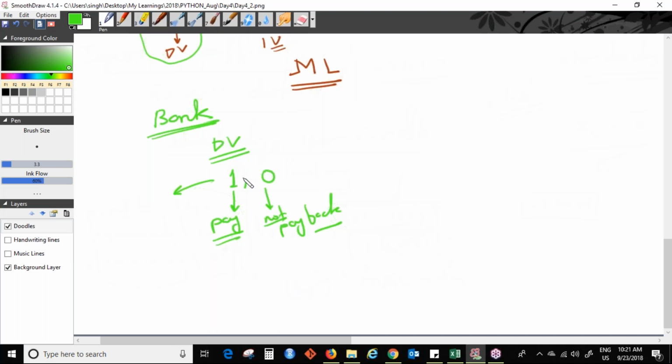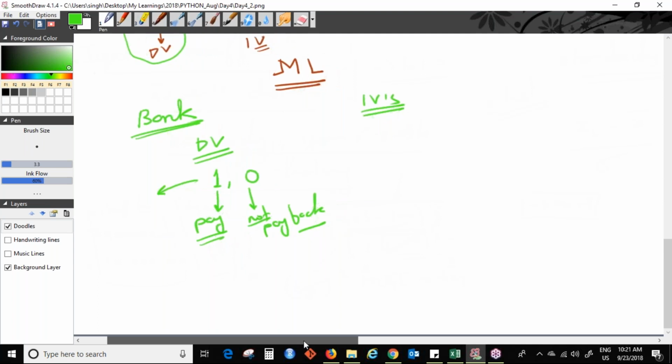All yes and no will also come under nominal, because there is no order here, and these quantities do not have any numerical meaning. So this is also nominal. This is our dependent variable, where the bank would want to know whether a customer will pay the loan or not. And what can be the independent variables in this case, guys? What do you think can be the independent variables for a bank to decide whether a customer will pay back his loan or not?